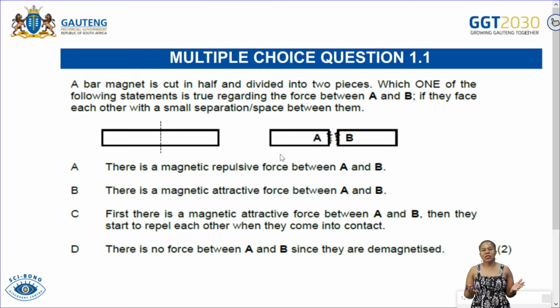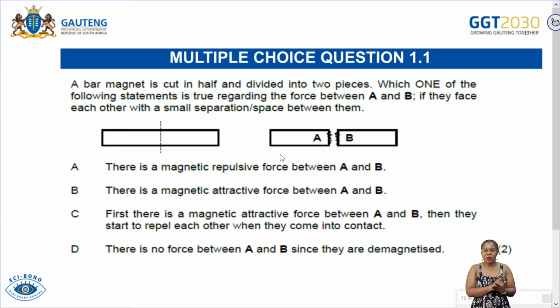And they gave us a good diagrammatic representation here. So this was a full magnet with a north as well as a south pole, but it's not indicated in that magnet. Okay, so the other half is a south, the other half is a north. So remember what we had said is that even when we cut the magnet into tinier pieces, each piece will have a north and will also have what?